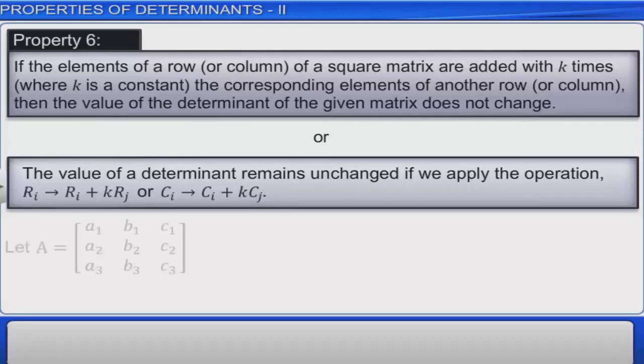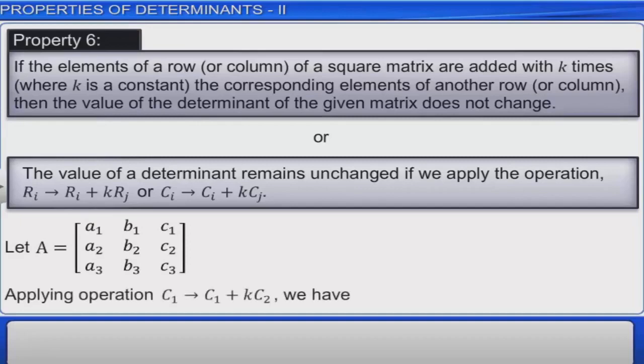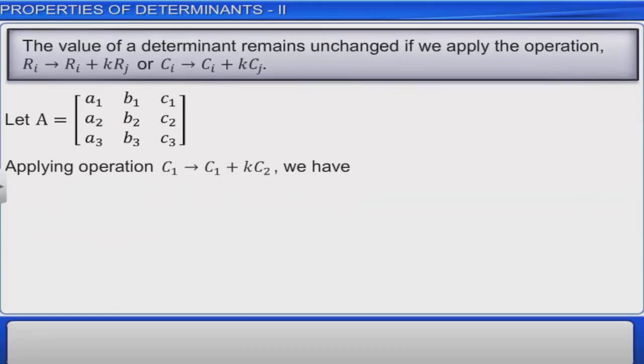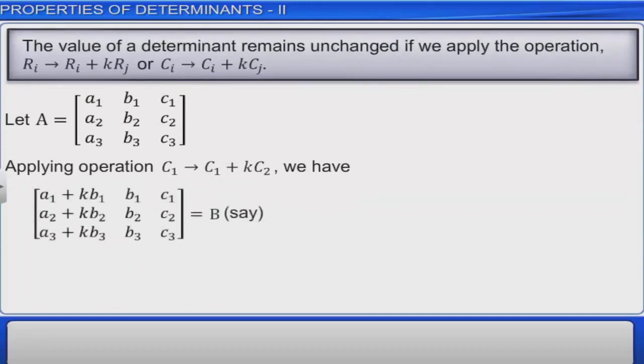For example, if we apply the operation C1 goes to C1 plus k into C2 to matrix A, the resultant determinant of matrix B has the same value as that of determinant A.